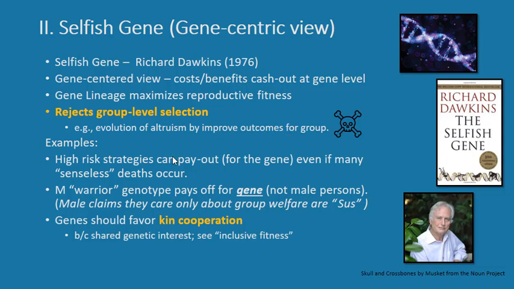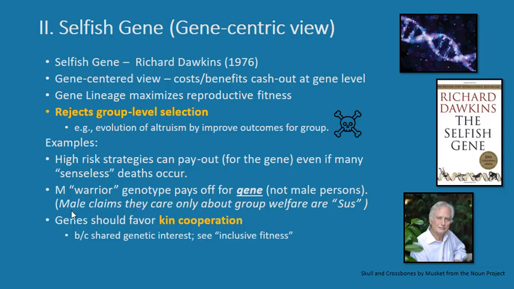Okay, so some more examples of this. Thinking about males and coalitional behavior, these high-risk strategies that males sometimes adopt can pay out at the gene level, even if it looks like it's causing senseless deaths for those males that engage in that risky or aggressive behavior. So the male warrior genotype can pay off for the gene, even if it doesn't pay off for the individual person.